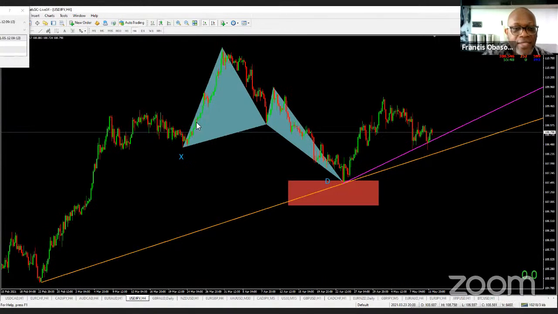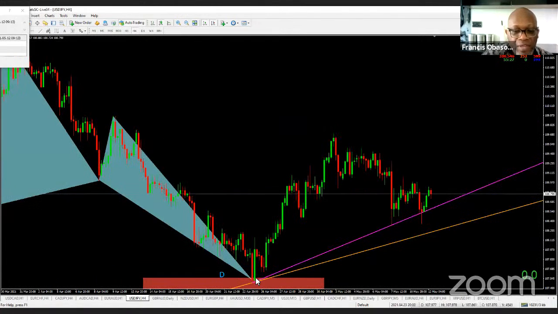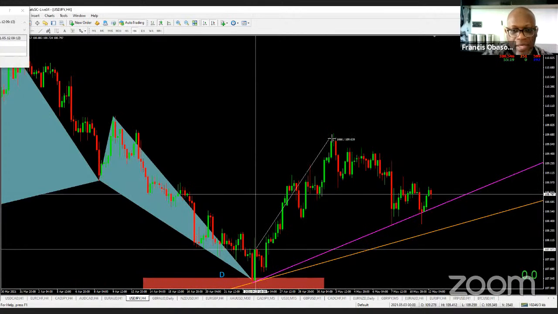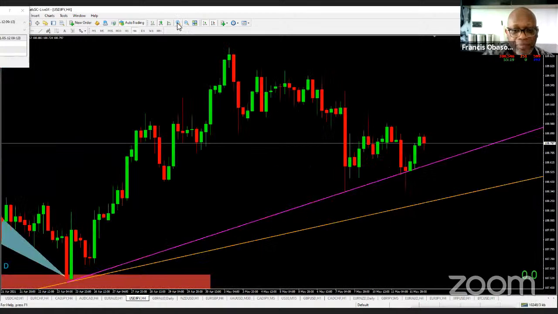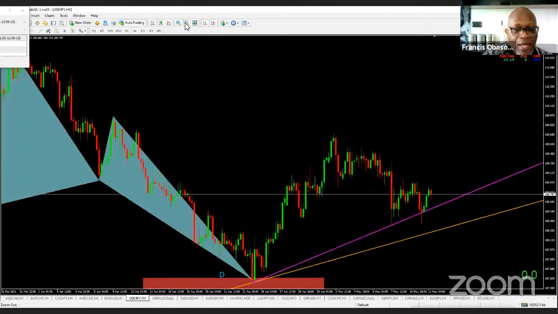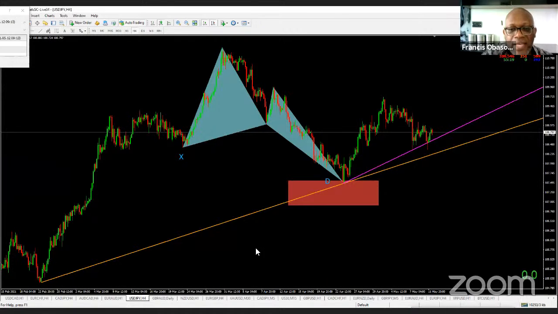So this will be X, A, B, C, D, for a buy. And you can see it did deliver if you got in there. And even if you didn't get in there precisely, at least with this setup, it gave as much as 160 pips. Now that is good. I don't know about you, I could do with 160 pips any day.